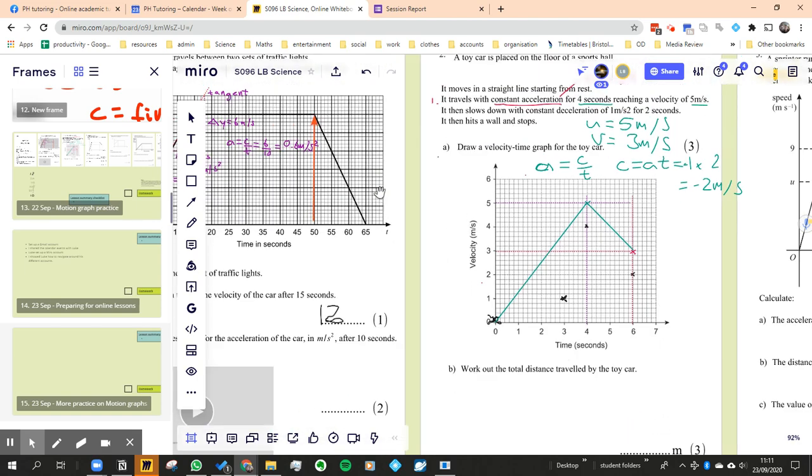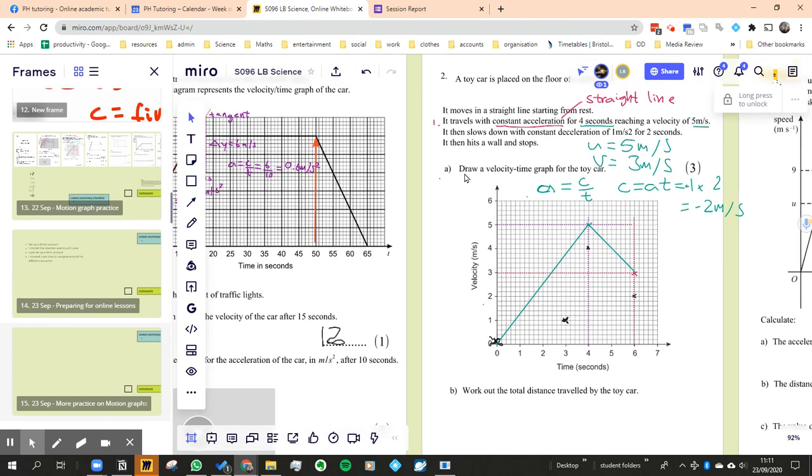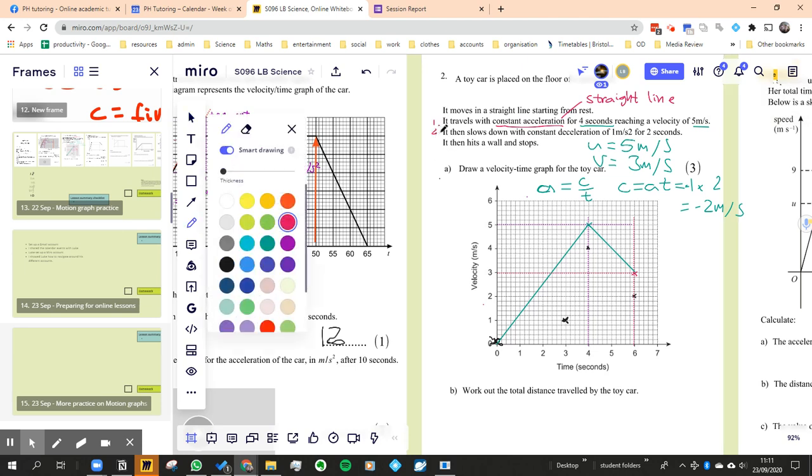Okay, so far so good. What else does it say in the explanation? We've done the first and we've done the second. It then hits a wall and stops. Well, it doesn't really say how long it's going to take to stop. So we're going to say that when it hits the wall, it takes a total of 1 second to stop. So we've got 1 more second to play with.